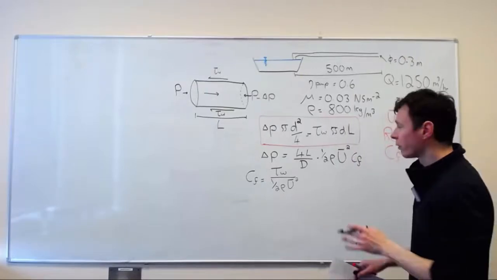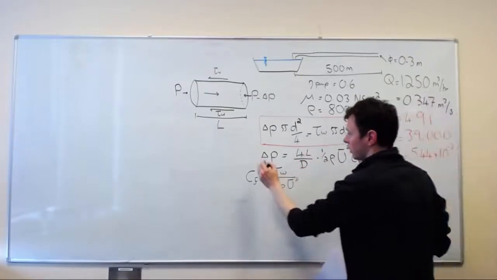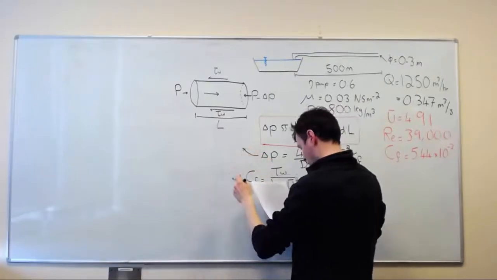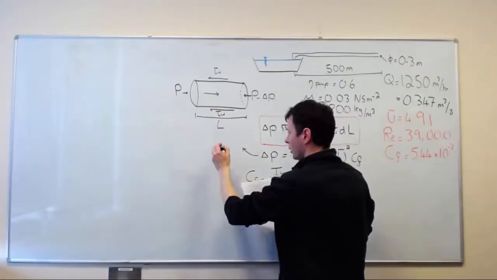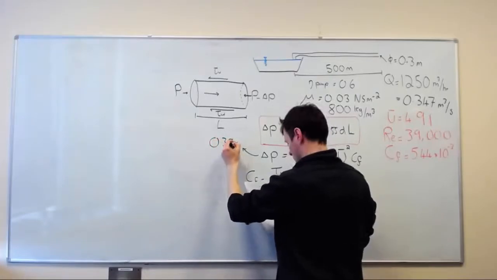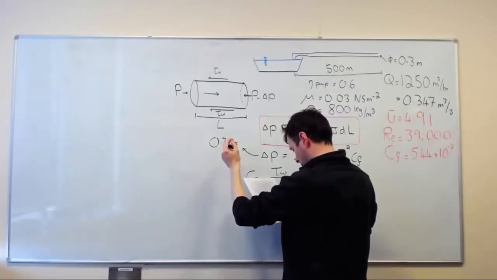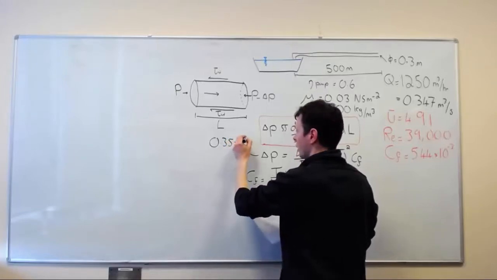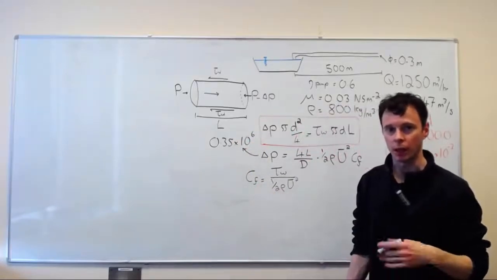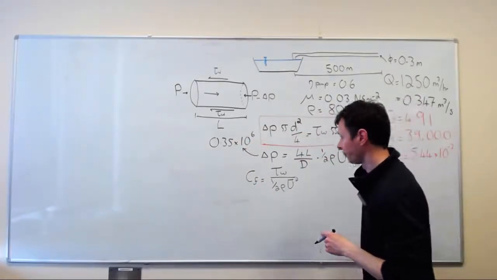Okay, and you can plug all of the numbers into that, and you find delta P equals 0.35 times 10 to the 6 newtons per meter squared, so keeping it once again in standard SI units.